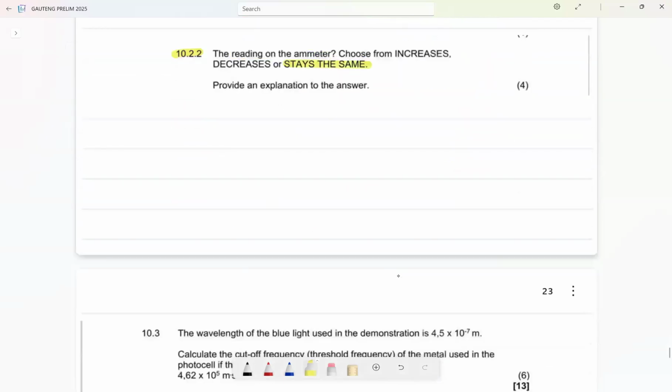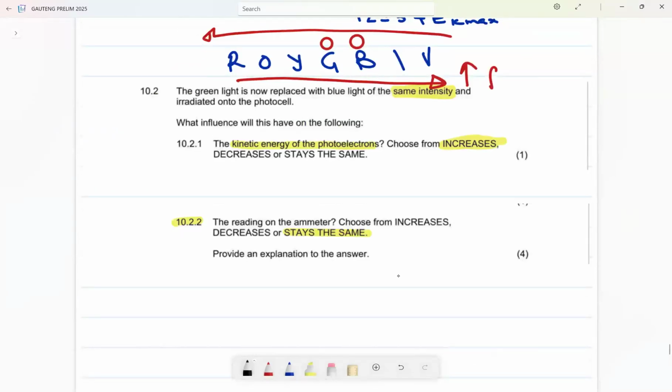Why? Check. Do you agree that they increased the frequency here? When you move from green to blue, you're increasing the frequency.